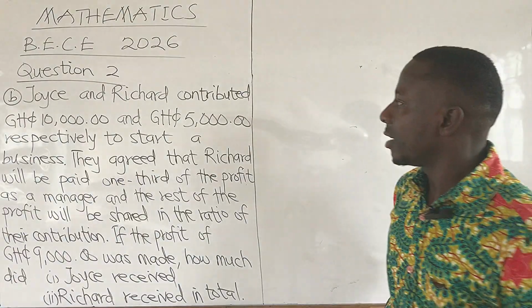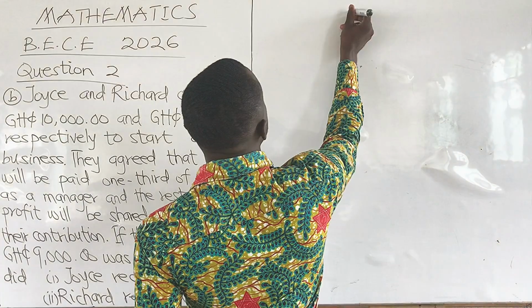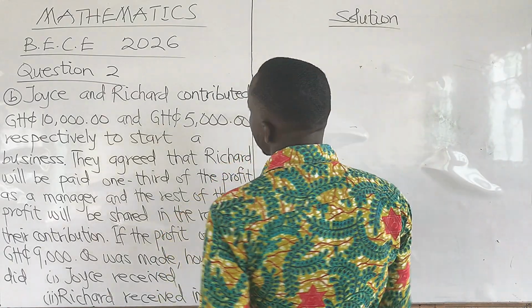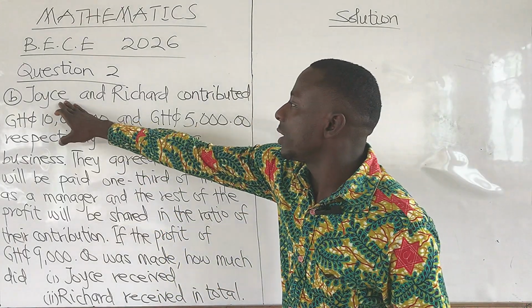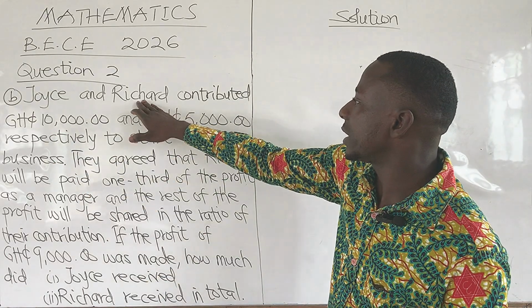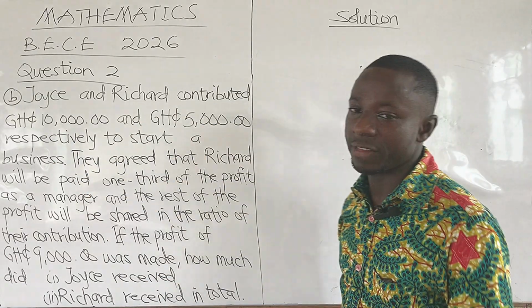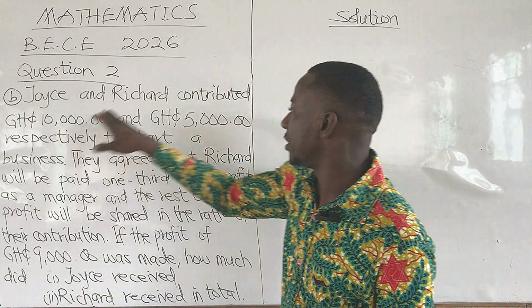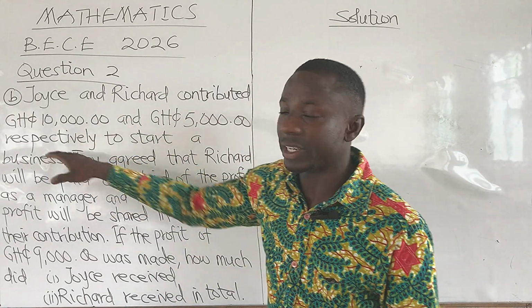All right. So now Joyce's contribution was 10,000, Richard's contribution was 5,000 because the question said 10,000, 5,000 respectively.